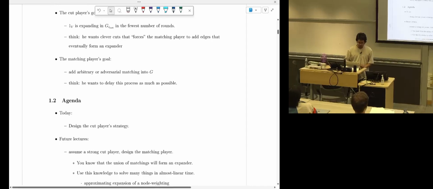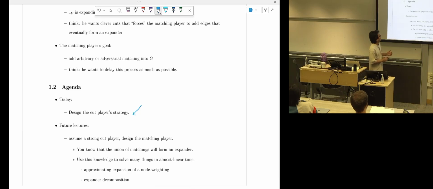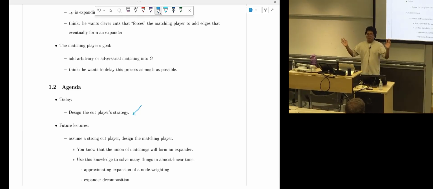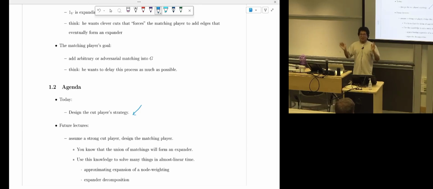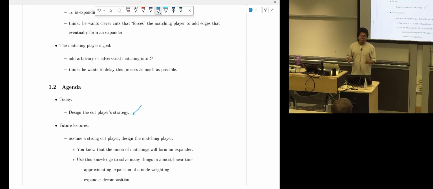So the agenda today is that we're gonna think of ourselves as a cut player. We're gonna design a cut player strategy so that no matter what the matching player does, the graph will become an expander in like log square rounds. So quite quick, very quick.